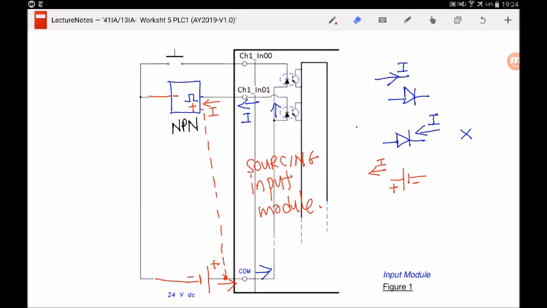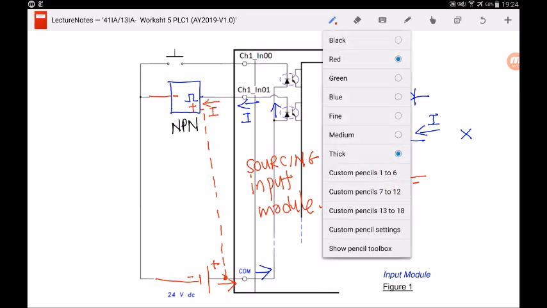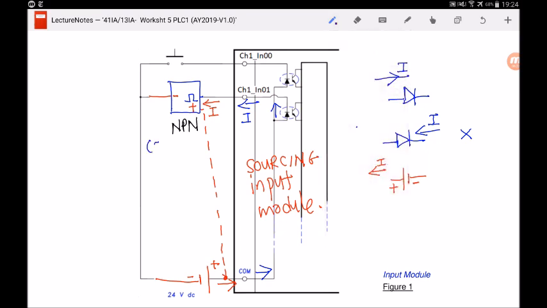And now if I take a look at the sensor perspective, current is flowing into the sensor, so that's why the sensor is a sinking sensor, which means that it's an NPN sensor. Correct? So I'll just make a note here so that it's clearer.